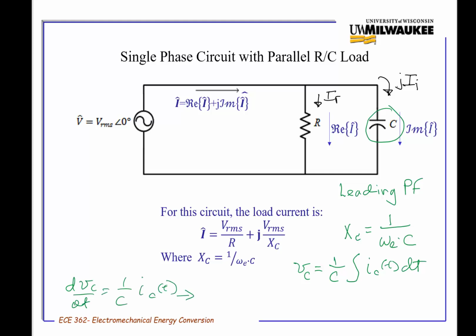The current expressed in terms of the voltage would be equal to C dV/dt, which is the same as saying j omega C times the applied voltage across it if it were a phasor voltage.